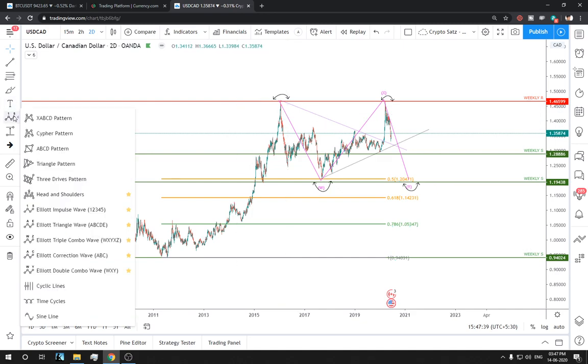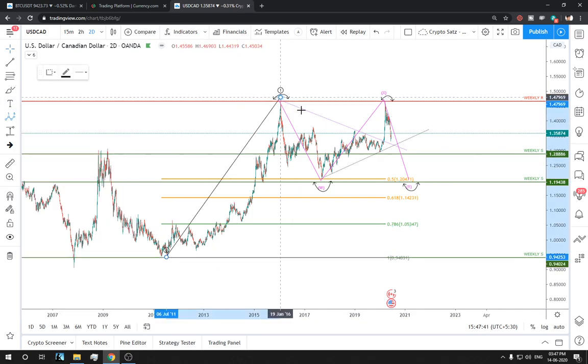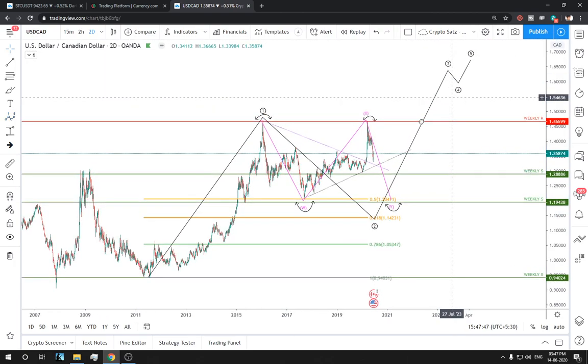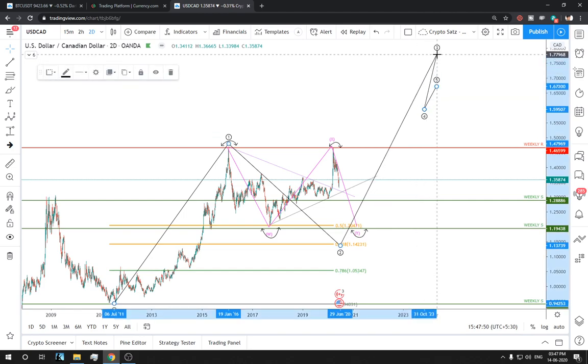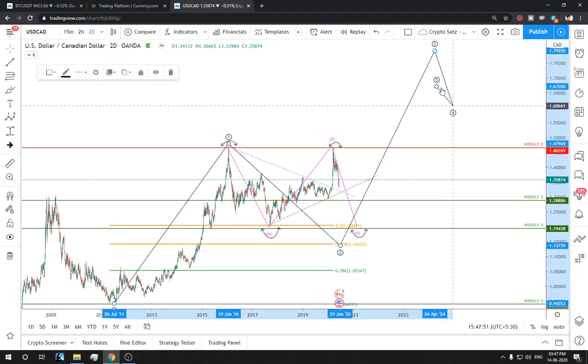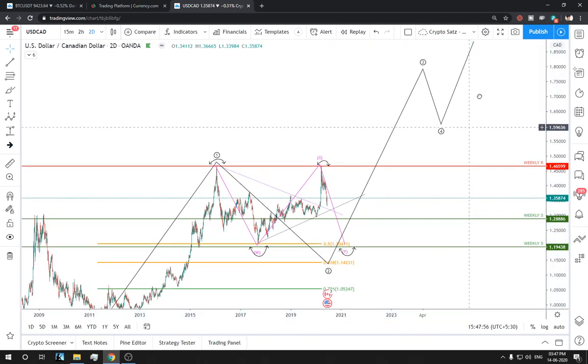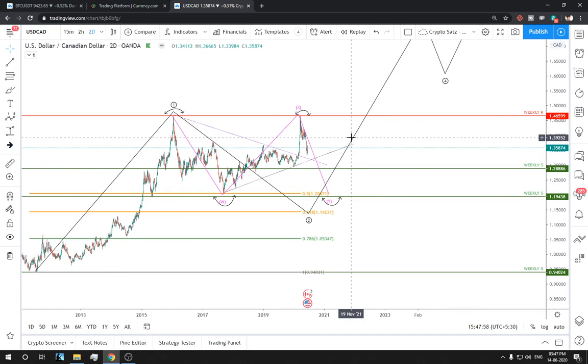So this would mark our wave 1, looking for wave 2, wave 3, wave 4 and wave 5. So this is how USDCAD is looking, very impulsive and bullish.